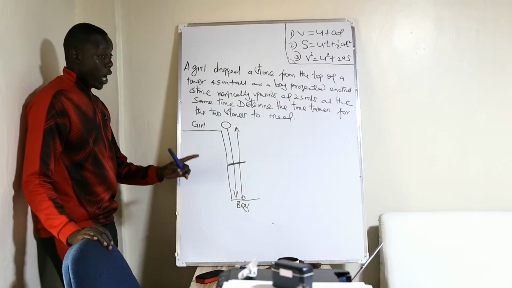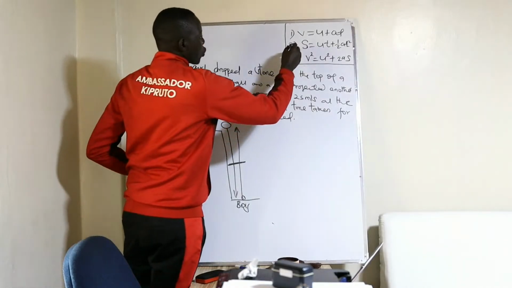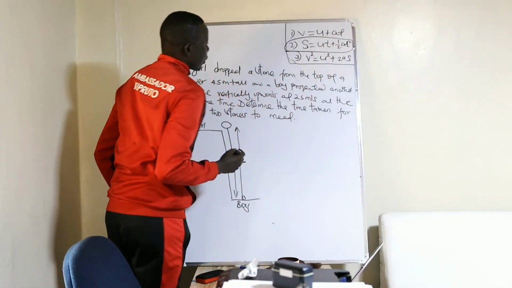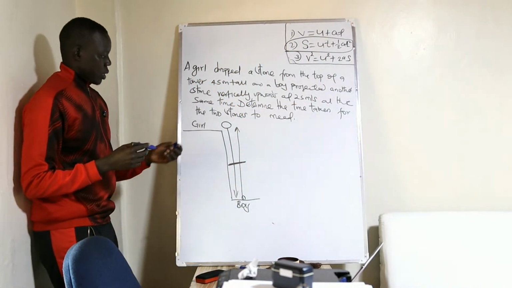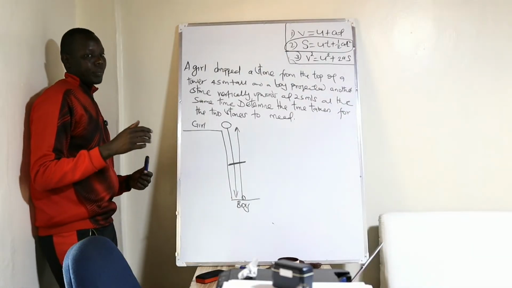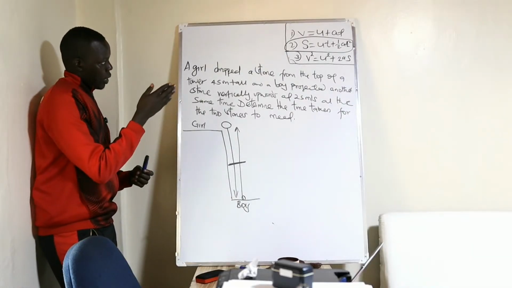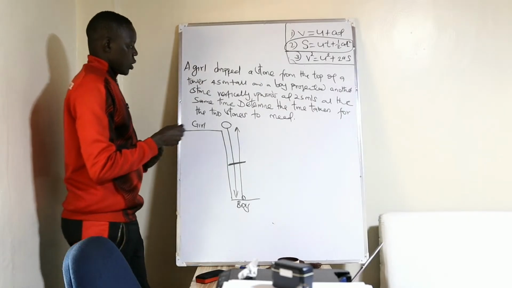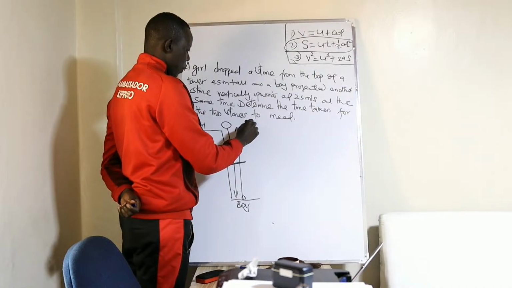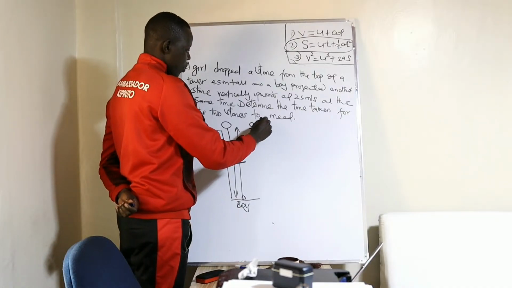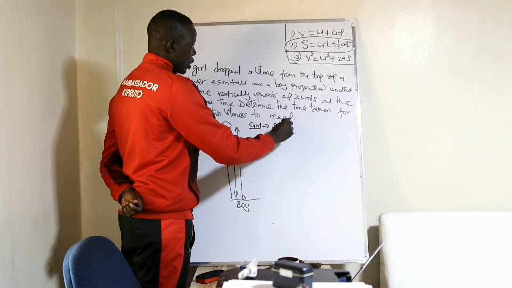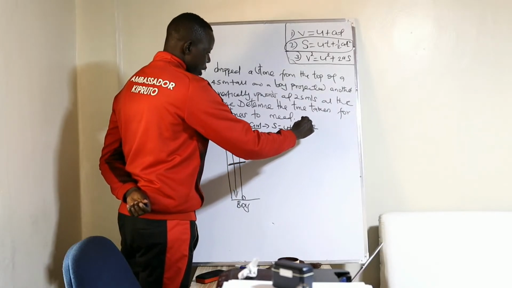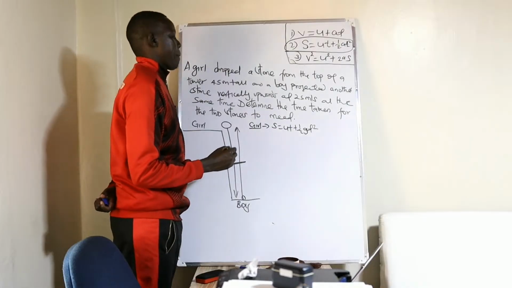I want us to use that one, whereby we are going to consider the stone dropped by the girl. So tuanze na the girl hapa. We have S is equal to ut plus half at squared, like g, you know why.